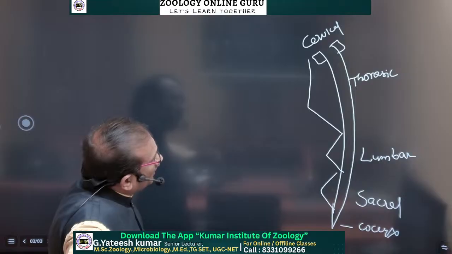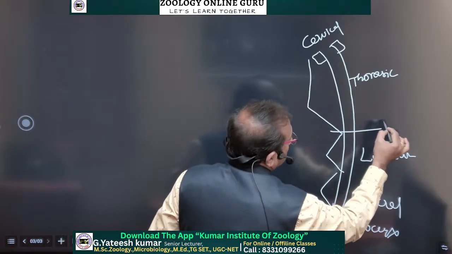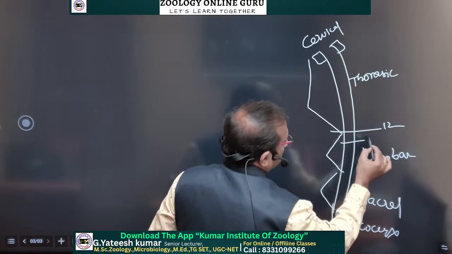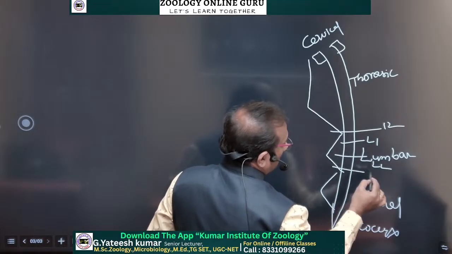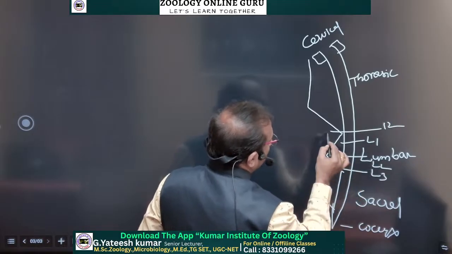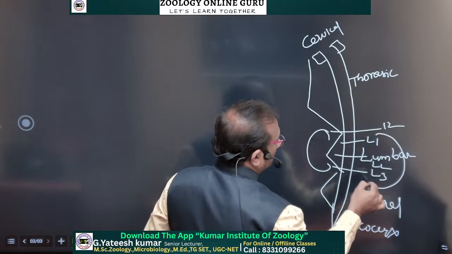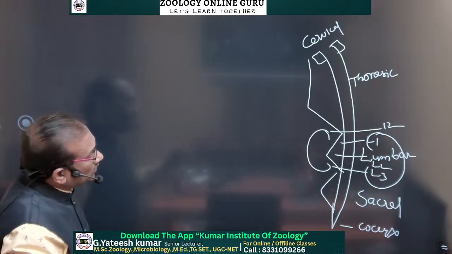Our kidneys are located around the last vertebra, the twelfth, and L1, L2, L3, in this area.